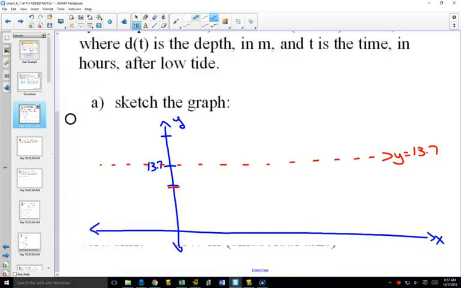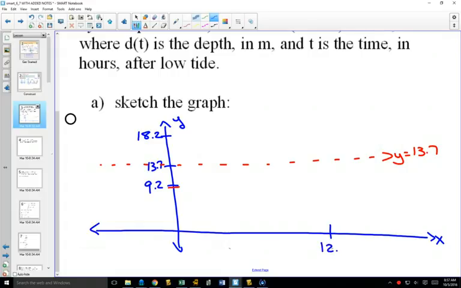So if I subtract 4.5 off of 13.7, I get 9.2. If I add 4.5, I get 18.2. So those will be my max and my minimum values. My period, when we did 2 pi divided by 0.16 pi, we got 12.5.